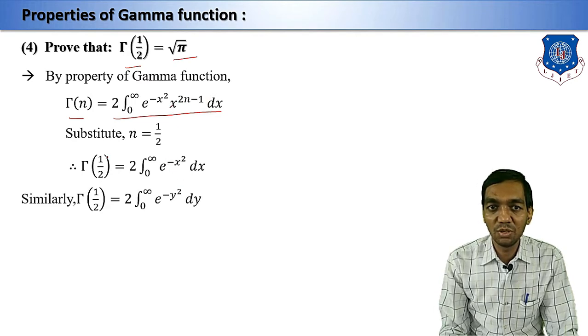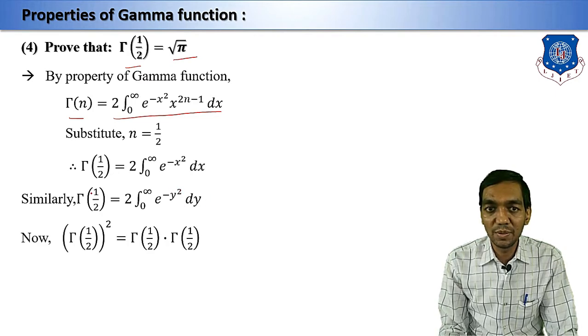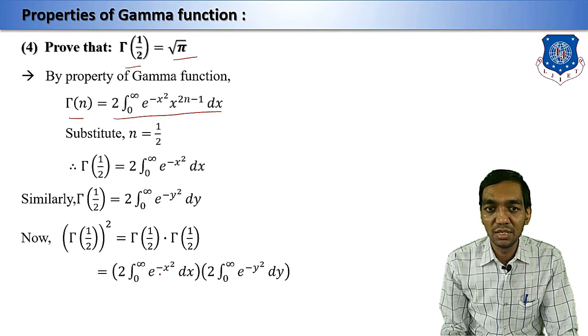Now the same thing I am going to repeat with the new variable y. So gamma 1 by 2 will be twice integration 0 to infinity e raised to minus y square dy. Now multiplying these two gives gamma 1 by 2 whole square, that is gamma 1 by 2 into gamma 1 by 2. That means twice 0 to infinity e raised to minus x square dx into twice 0 to infinity e raised to minus y square dy.